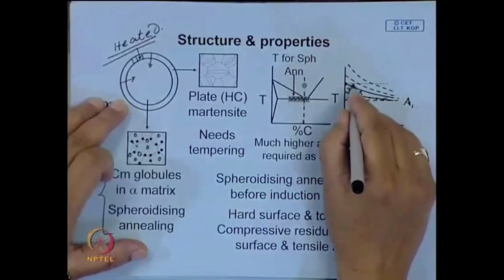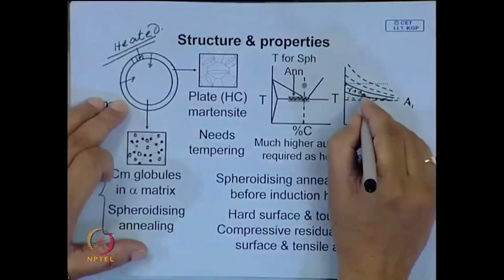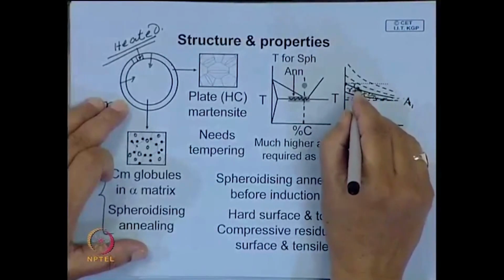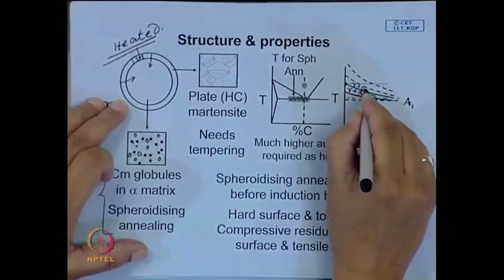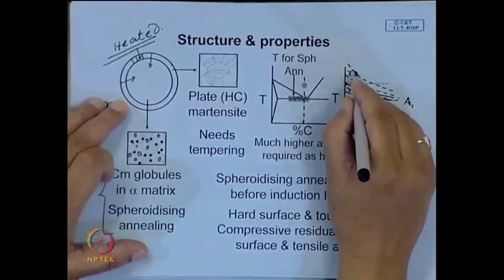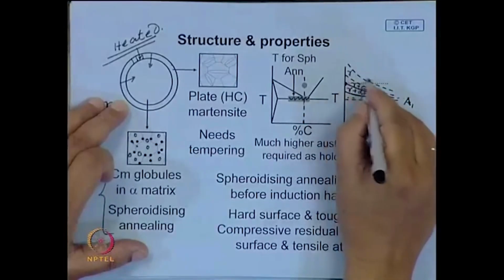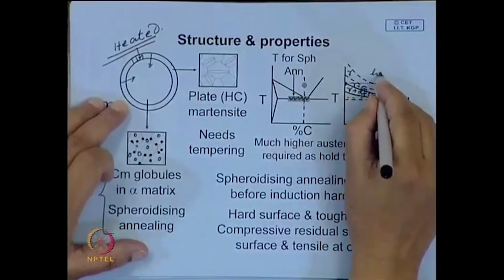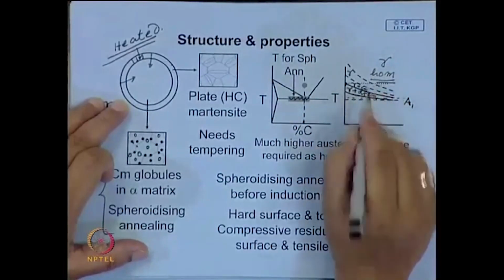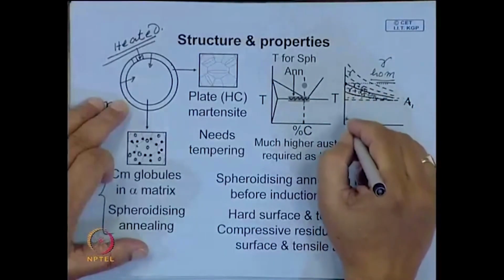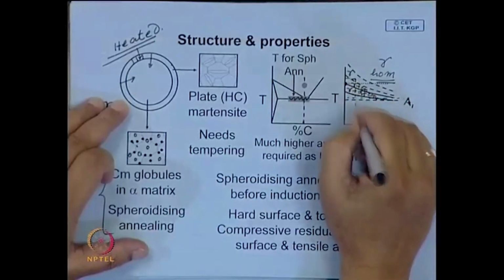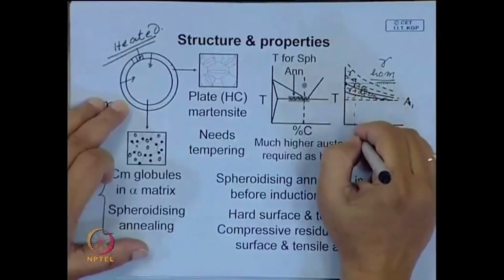you may also have some amount of cementite present. Here you may have some austenite plus some carbide, cementite, and here possibly you have inhomogeneous austenite, and beyond this line you will get homogeneous austenite, but often this time may be very long. So, one way is to heat it to a relatively higher temperature for a short time, and you may have to quench from this region.